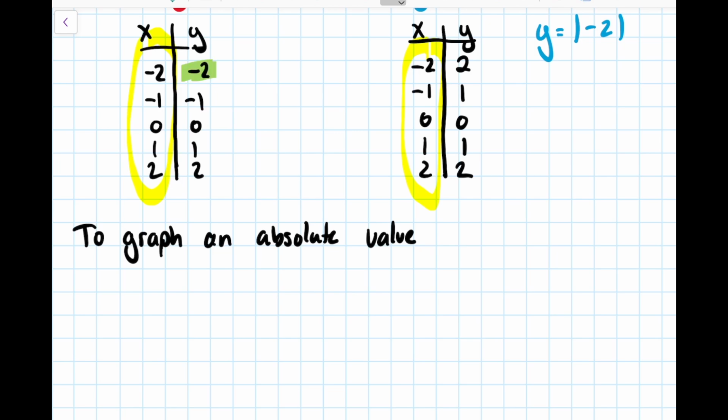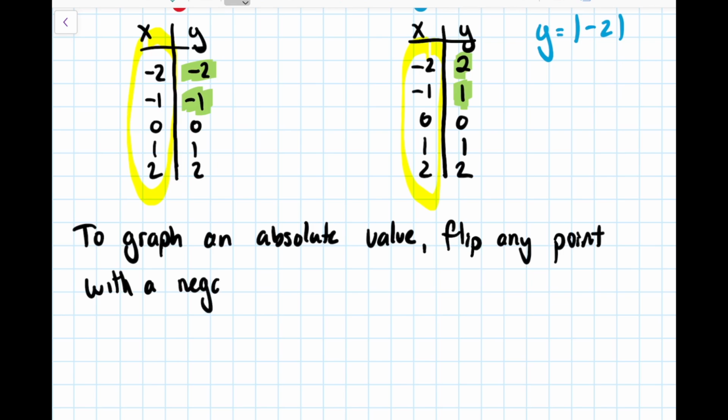So this -2 and this -1 are now +2 and +1. So what we do is we flip any point with a negative y value to be a positive y value.